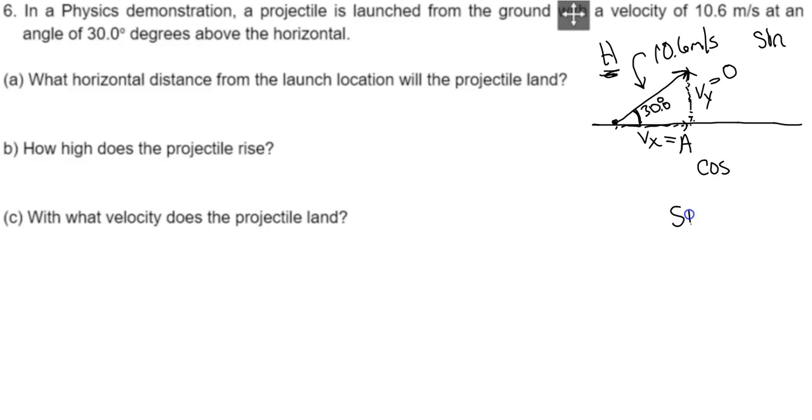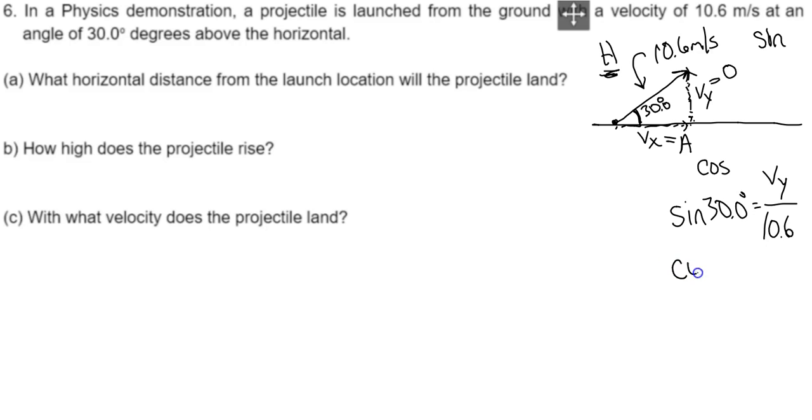because the sine of 30 degrees is going to be equal to the opposite side, which is our Vy, divided by our hypotenuse, which is 10.6. That's how we're going to calculate our velocities, using our sine and cosine functions.